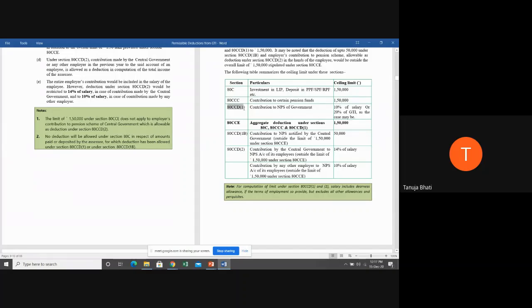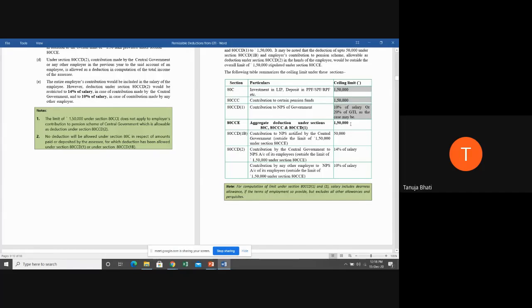Now 80CCD(1), contribution to NPS, is 10% of salary or 20% of GTI as the case may be. So what they are telling under 80CCE is that the aggregate deduction under sections 80C, 80CCC and 80CCD(1) should not exceed 1,50,000. So the ceiling limit is only 1,50,000 when we add the deductions of all these sections.